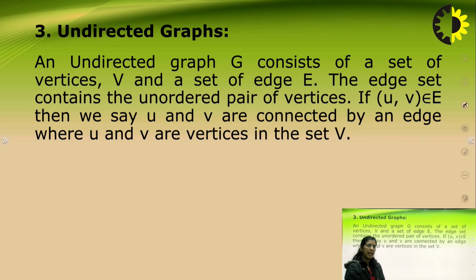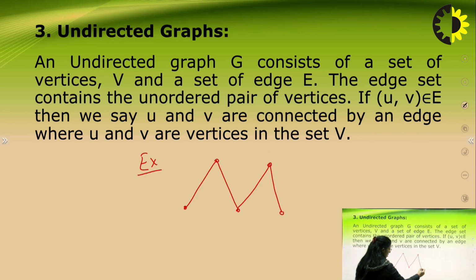Third one is undirected graph. It is a graph that consists of a set of vertices and edges, and the edge set contains unordered pairs of vertices. Let's see, for example, suppose this is the graph containing these many vertices.